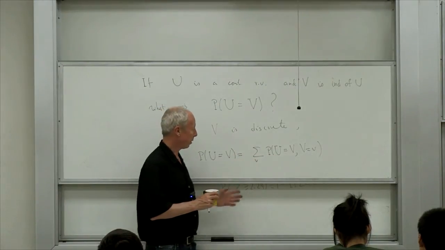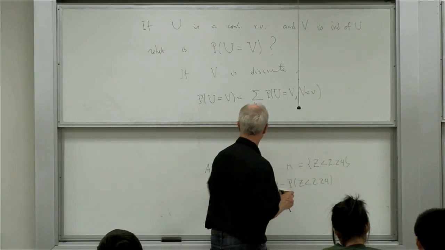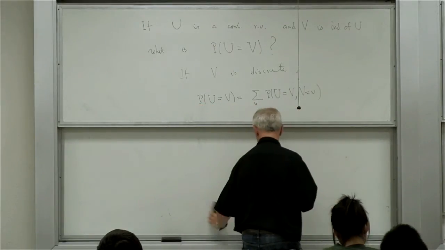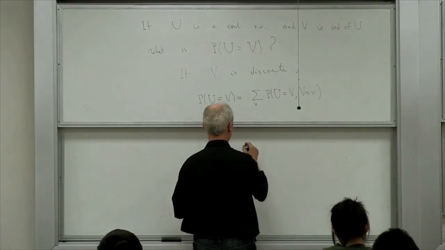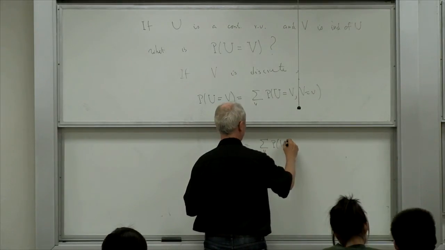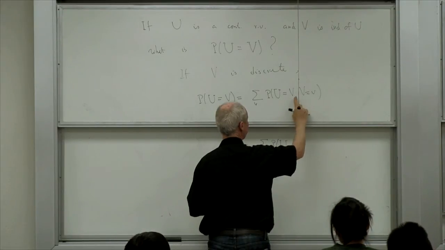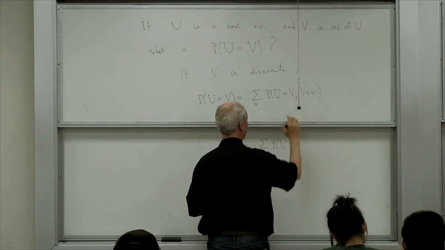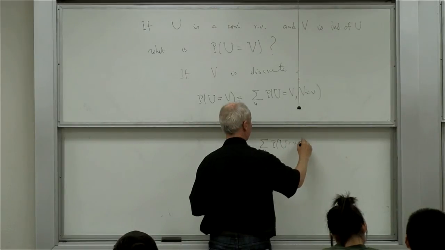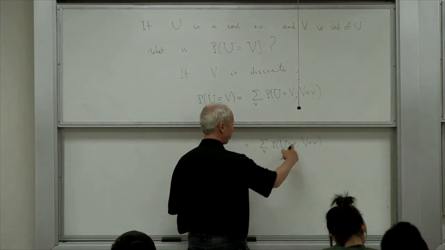Each one of these can be written what? U and V are independent, right? So I'm going to take two steps here. First step, what does this say that the value of capital V is? It's little v. So what's this? Okay, and now these are independent.